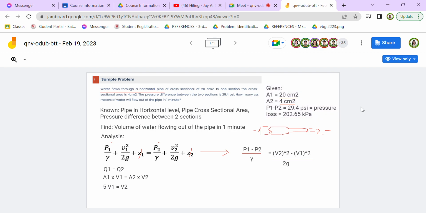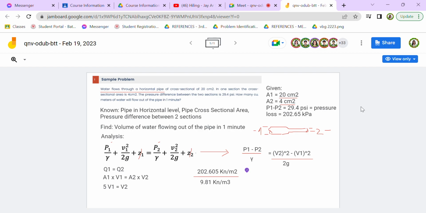So let's substitute those values here in the new equation. So we'll get P1 minus P2, which is 202.65 kilonewton per meter squared, divided by specific weight ng water, which is 9.81 kilonewton per cubic meter. So we'll check if every unit now is in standard format para makancel natin yung mga unit.